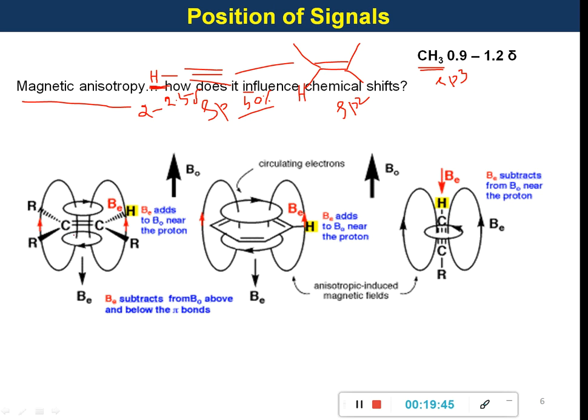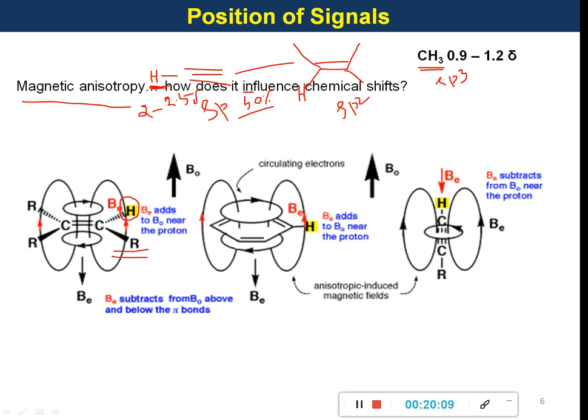Consider the alkene. Here the pi electron develops an induced magnetic field in the presence of the applied magnetic field. This induced magnetic field is at right angles to the applied magnetic field. This induced field opposes the magnetic field near carbon, whereas it aligns near hydrogen.